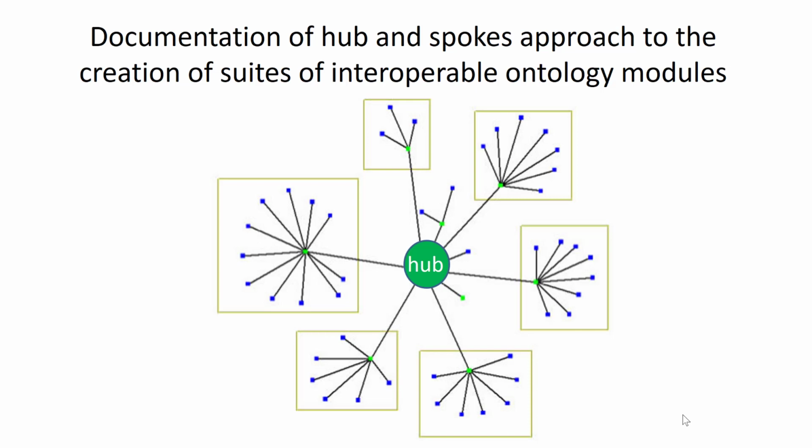And this is the hub of the OBO biological and biomedical ontologies, the first example of a hub and spokes ontology which has been developed systematically from a top-level ontology. There are other examples now, but that was the first one that was developed systematically in that way.